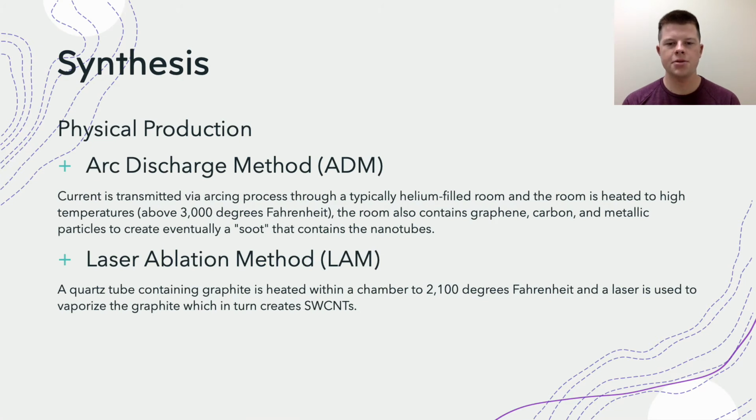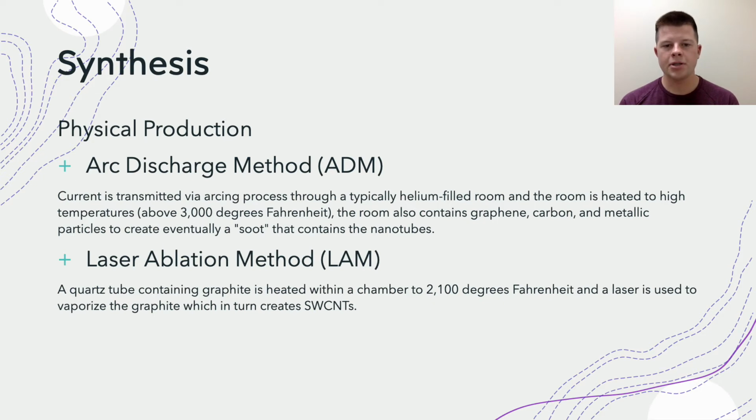So here we have the two different types for the physical production methods. You have the arc discharge method, or ADM, and then you have the laser ablation method, which is LAM. For the arc discharge method, current is transmitted via an arcing process through typically a helium-filled room, and the room is heated to a high temperature, normally above 3,000 degrees Fahrenheit.